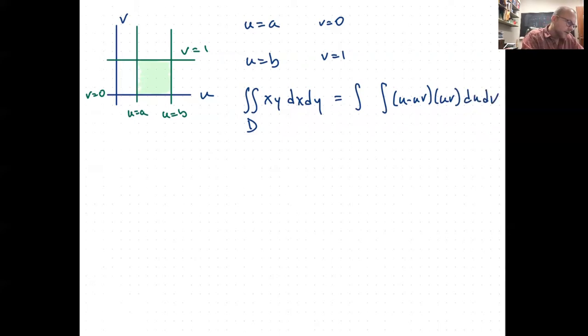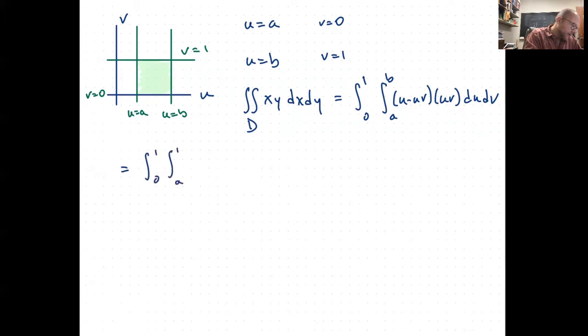So the outside one goes 0 to 1, and the inside one goes A to B. We do have to keep track of which is which. But in any case, so far as evaluating it goes, we have one of those nice conditions again.